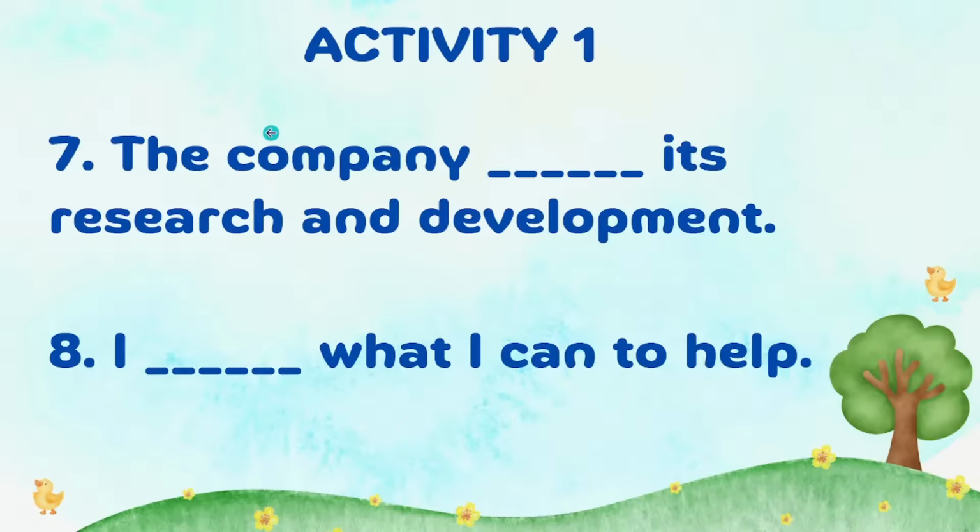So, for example, we will change the word the company. We will use it here. So, it, what is the correct answer? Does, of course. The company does its research and development.